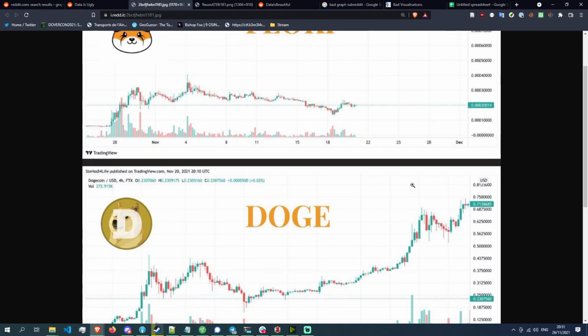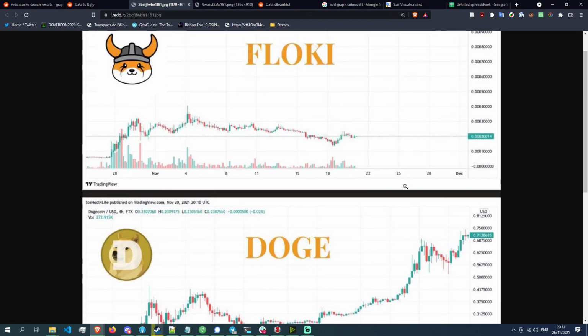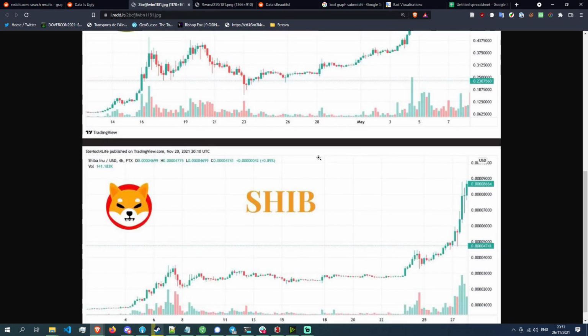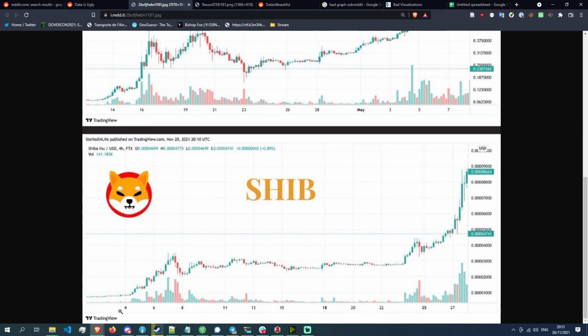This graph is also somewhat bad. Do you want to know why? Another one. The x-axis label isn't the same. This one is going from the 28th of November, well, 28th of sometime, I assume. That's the 28th of November until December. This one is going from the 14th of, that's going to be April, until the 8th of May. This one is going from the 4th to the 27th of, we don't know.